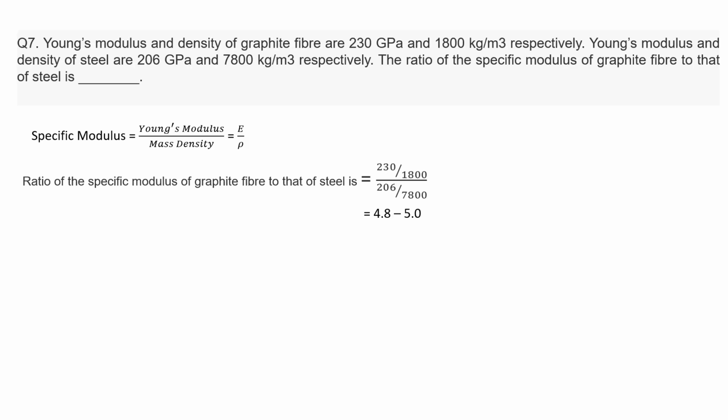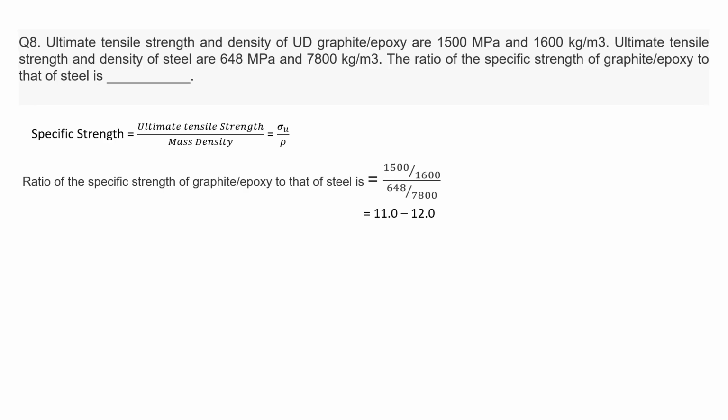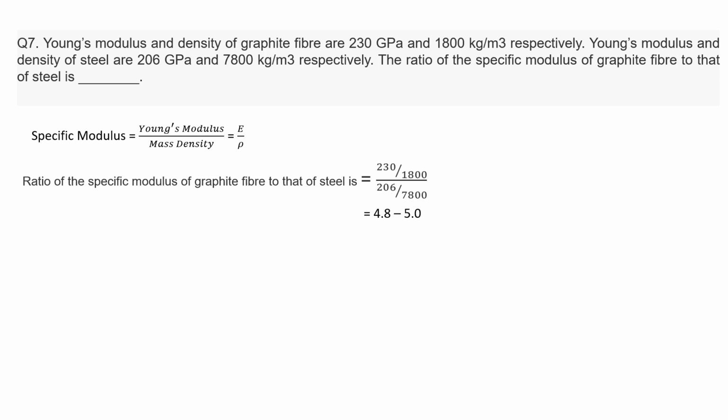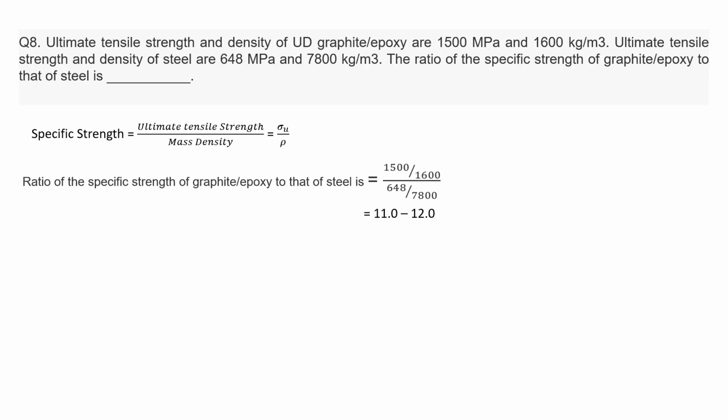In the last question it was asking specific modulus; here they ask specific strength. There you took the ratio of the Young's modulus. In this question, you have to take the ratio of the ultimate strength to the mass density. The values of ultimate strength and mass density of the unidirectional graphite epoxy and the steel are already given in the question. We just have to find the ratio. It will come around 11 to 12.